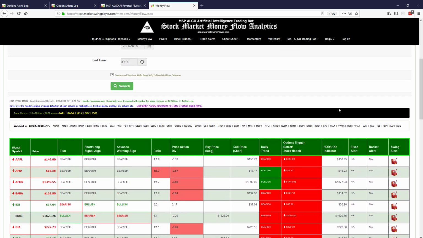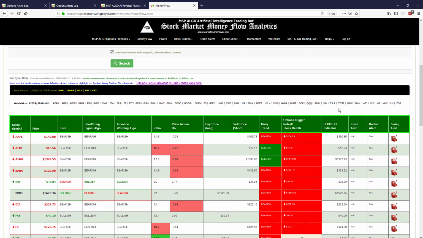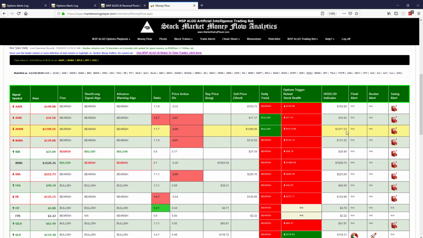What date is this? The 24th. So we had Amazon. Obviously we were near a higher day when the market opened up, and price gravitates back to this price.